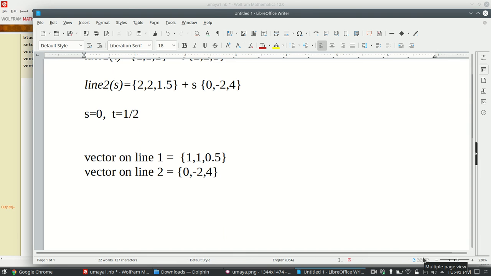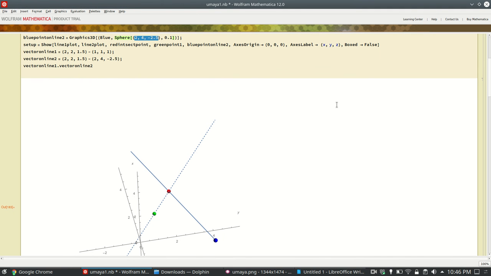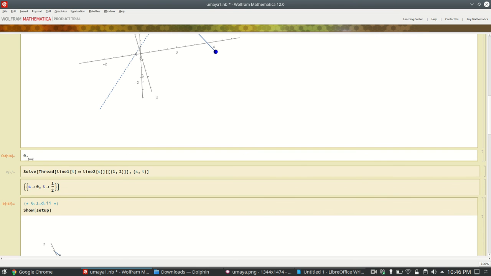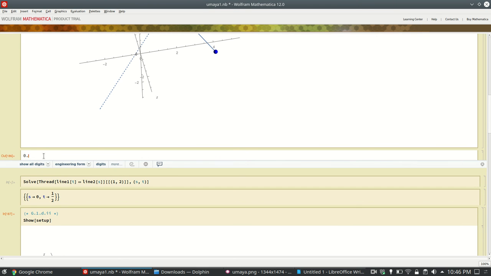I asked Mathematica to dot them. I did a vector on line 1 and a vector on line 2, and then I asked Mathematica to dot vector line 1 dot vector line 2, and I pressed shift and enter, and I got the answer, which is 0. Nice little 0 there.